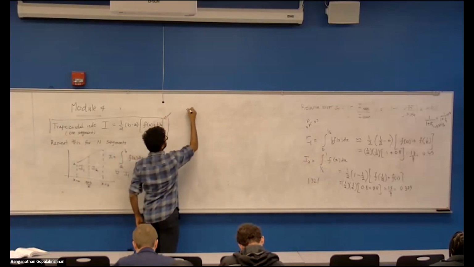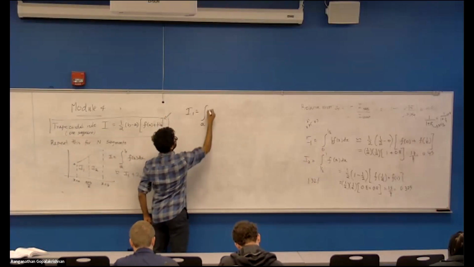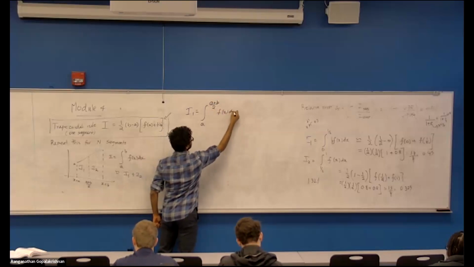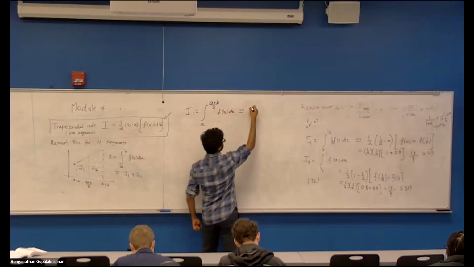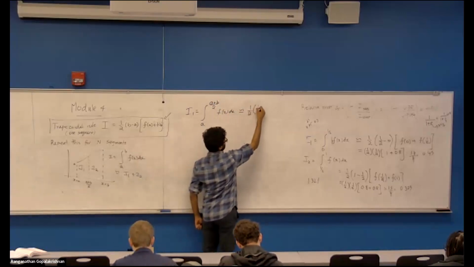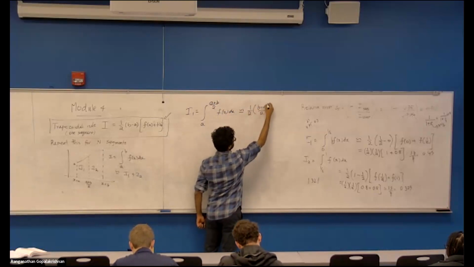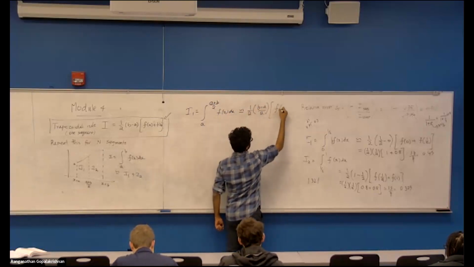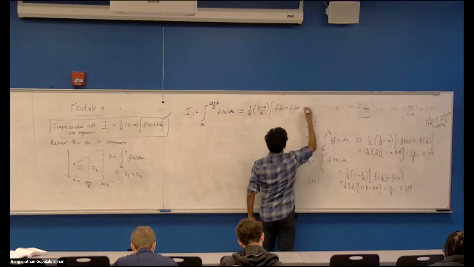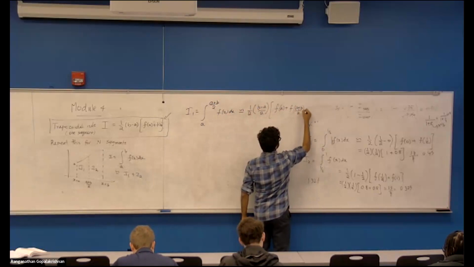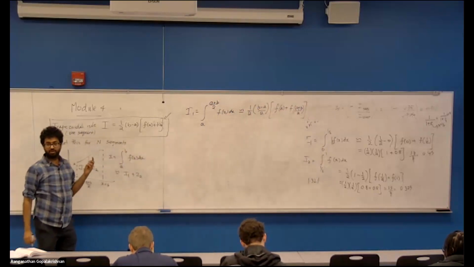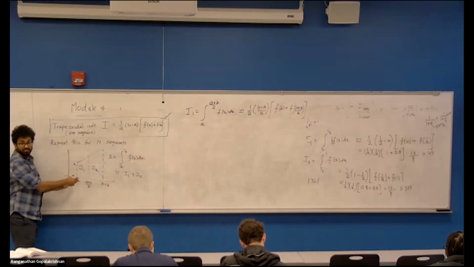So I1 is the integral from a to a plus b over 2 of f of x dx, which you can write using the trapezoidal rule as half of, what is this width, b minus a over 2, multiplied by f of a plus f of a plus b over 2. Would you agree? This is just the formula for the trapezoidal rule applied to the first segment.